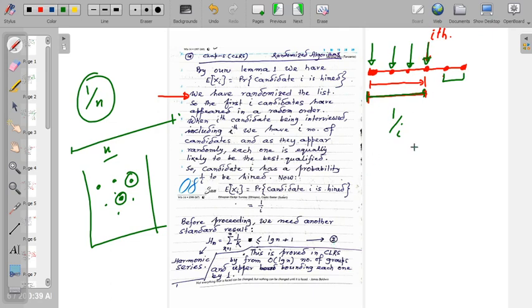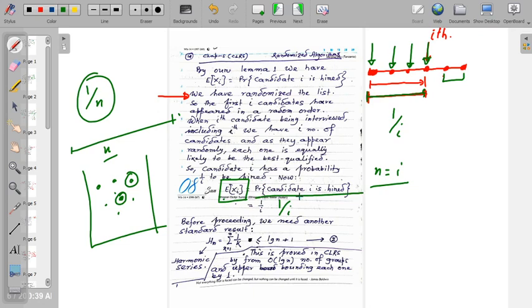So out of this, whether this guy will be selected, its probability is 1 by I. Equally likely case. So here n equal to I so far. So expectation of xi, now expectation of xi means probability that candidate I is hired. So this will be 1 by I.